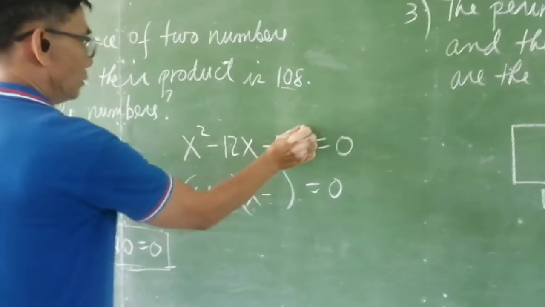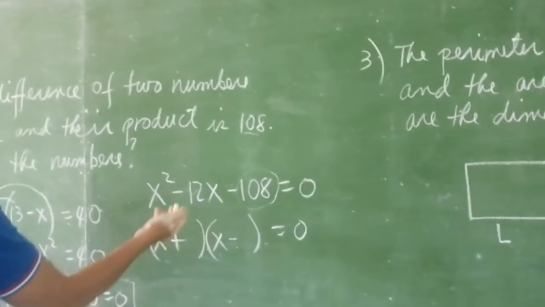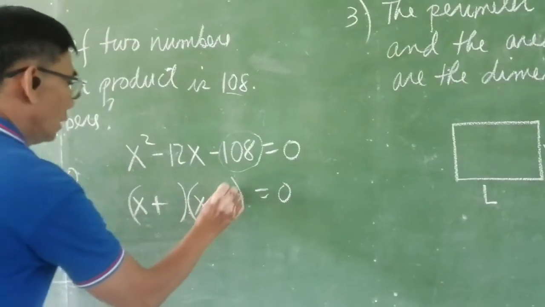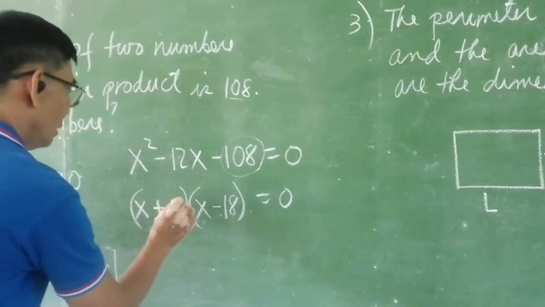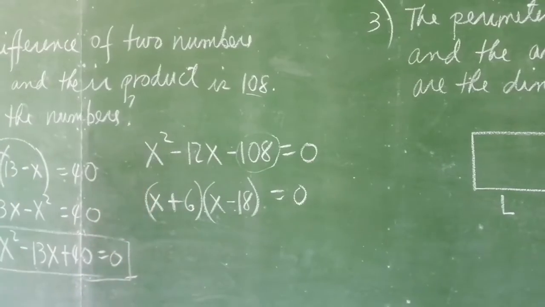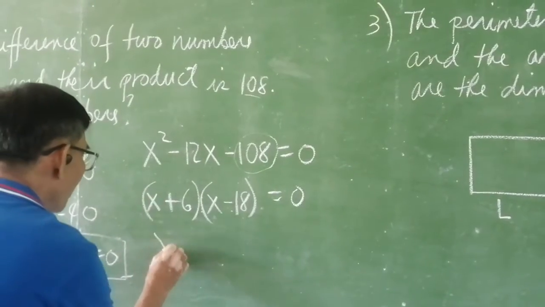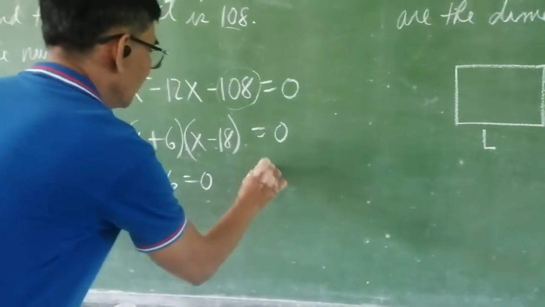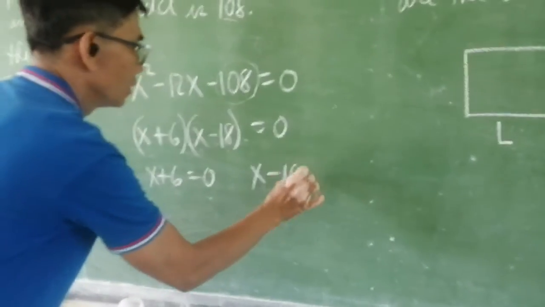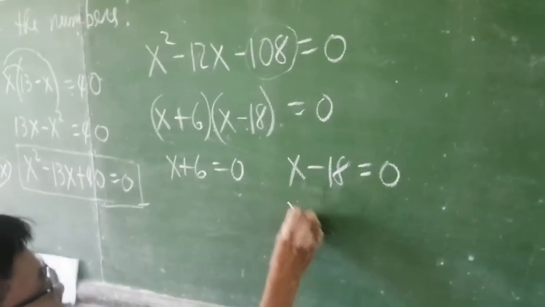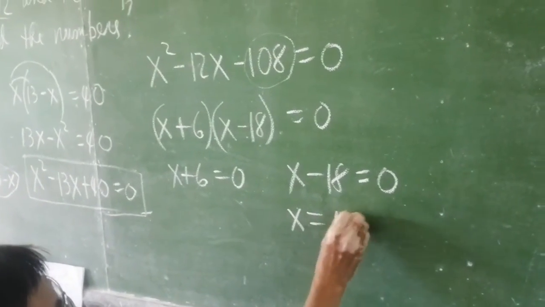So factoring 108 and satisfying negative 12 will be 18 and 6. So 18 minus 6 is negative 12. So x plus 6 equate that to 0, and x minus 18 equate that to 0. So if we take this one, x will be equal to 18.